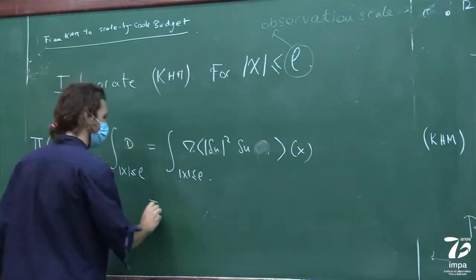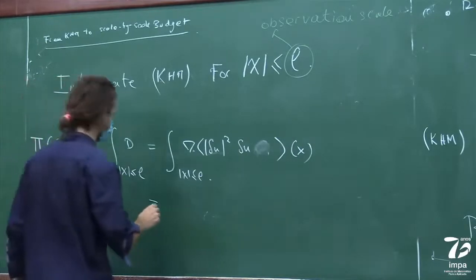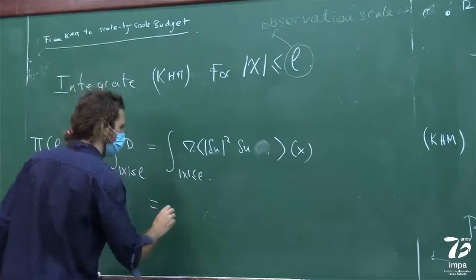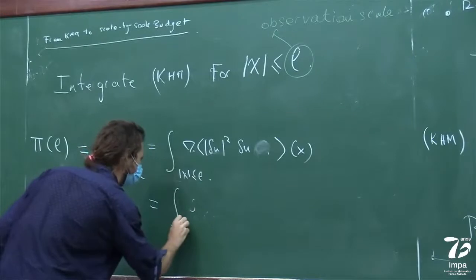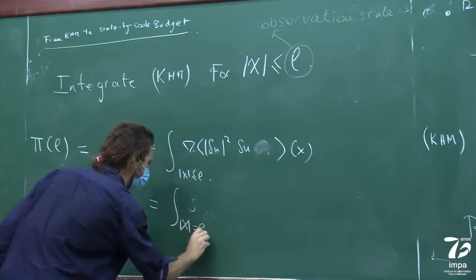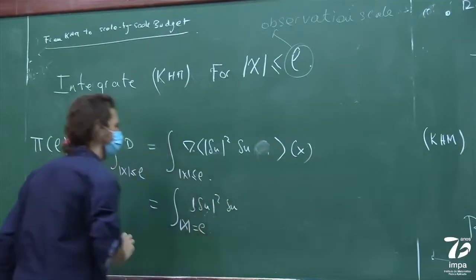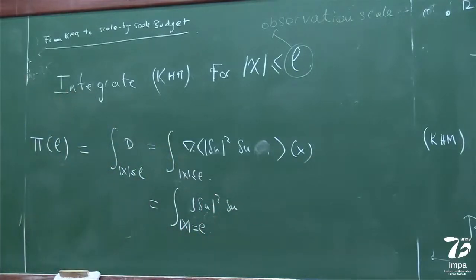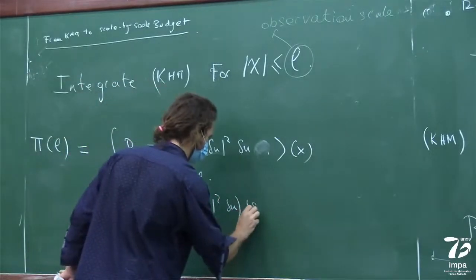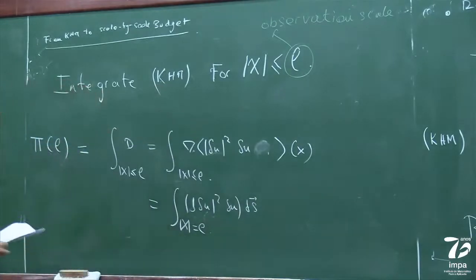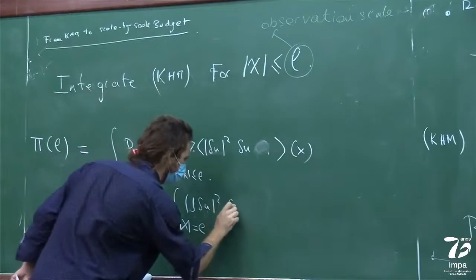And so you can write this as a surface integral. So this will be the integral for x equal L of delta u squared delta u. And this will be delta u parallel.